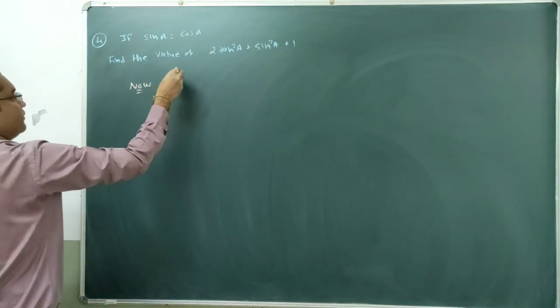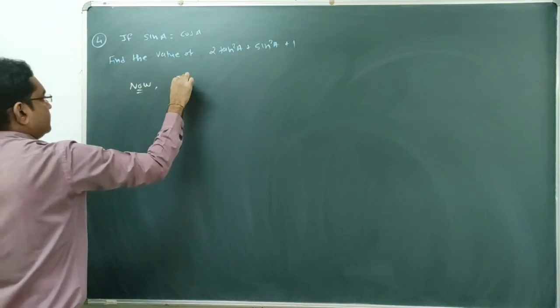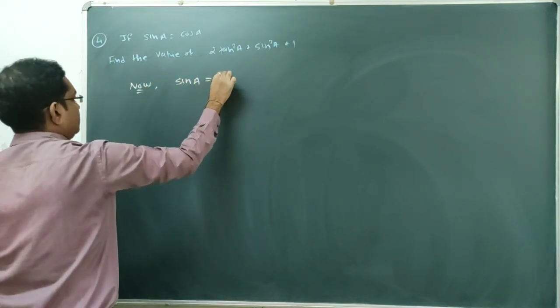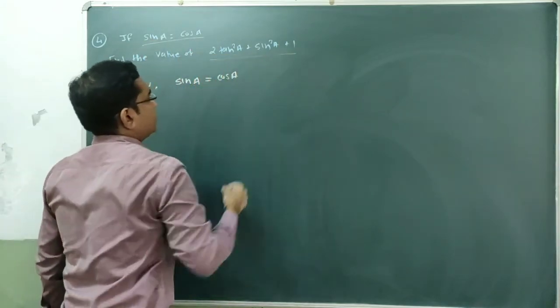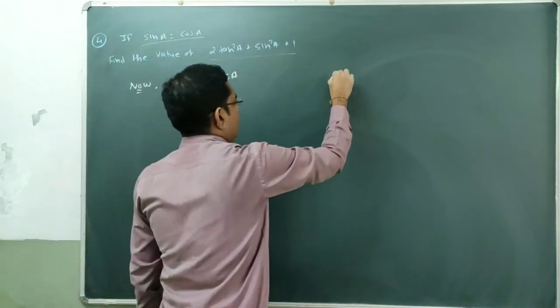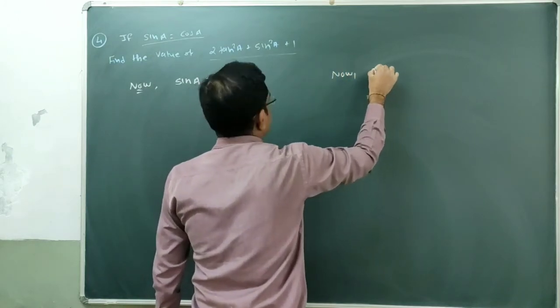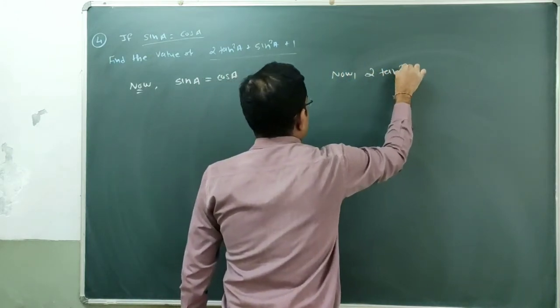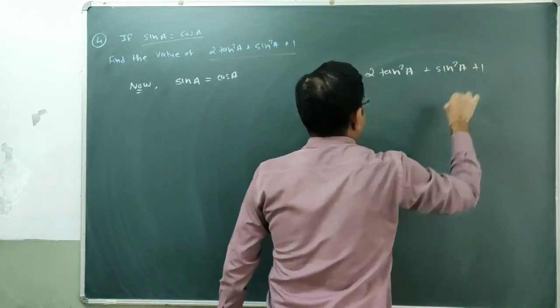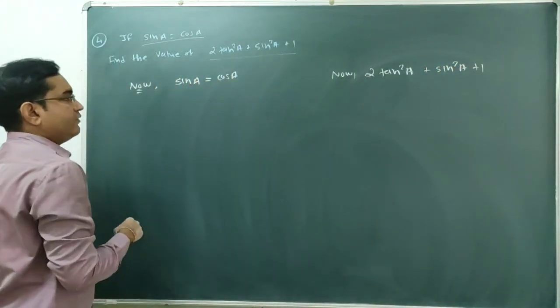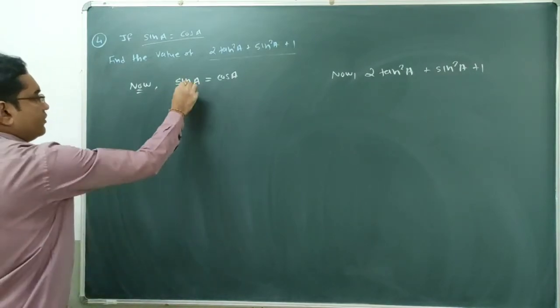So what are we given? We are given that sin A equals cos A. By using this expression, we have to find the value of the other expression. To find it, we have to put the values of tan square A and sin square A, then add 1. So first we'll try to find the value of tan A and sin A by using this.